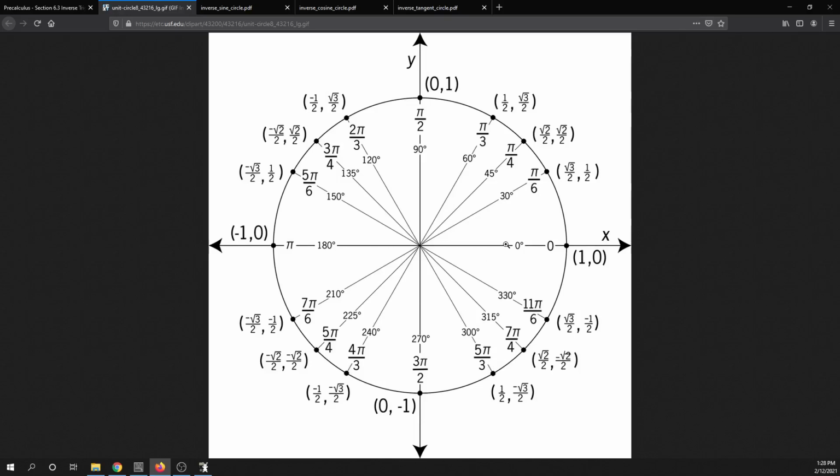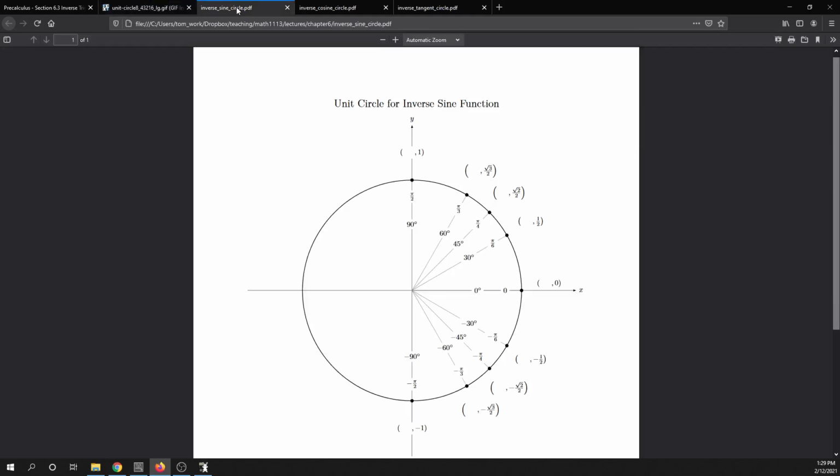So while using the standard unit circle to calculate these values that are on the unit circle is doable, there's still a lot of things that you need to remember about how this goes. So what I've done is I've created a separate unit circle just for the inverse sine. And basically what I've done is just strip away all of the unnecessary things.